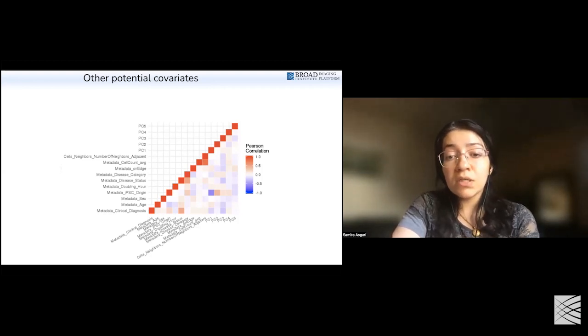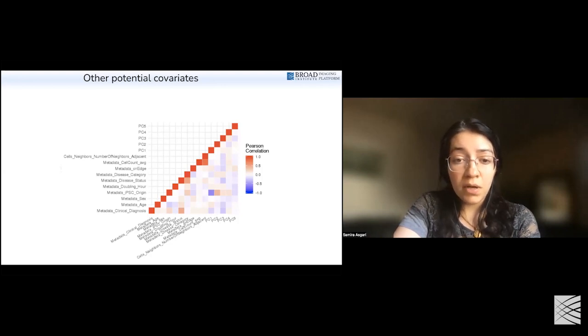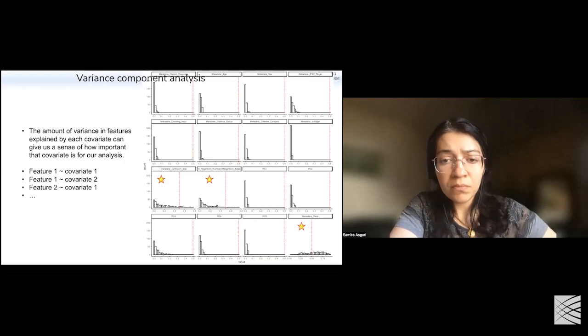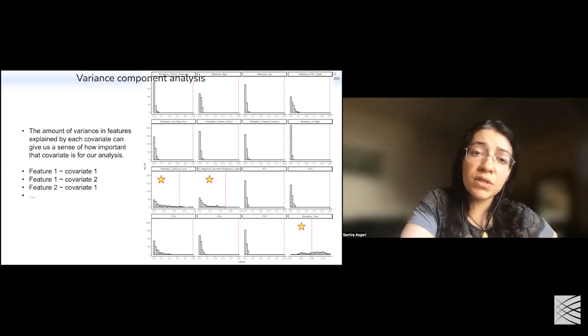First of all, because you can overcorrect for things and reduce your statistical power by including too many covariates. And then some of these covariates are highly correlated. And again, by including them all in your model, you can reduce your power to detect true associations. The way around this usually is to do something called variance component analysis.